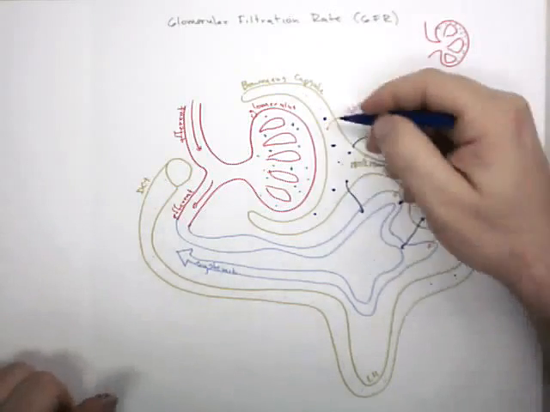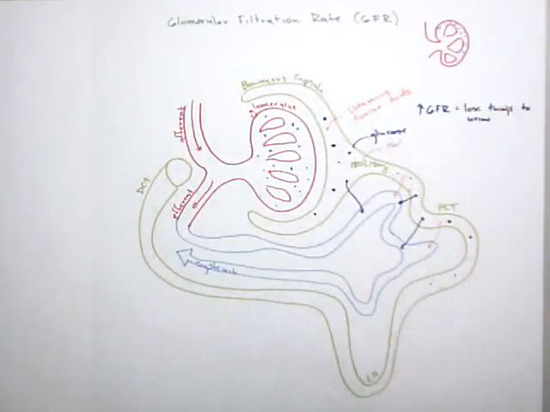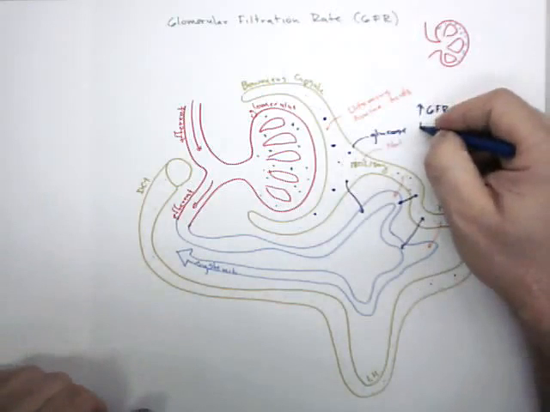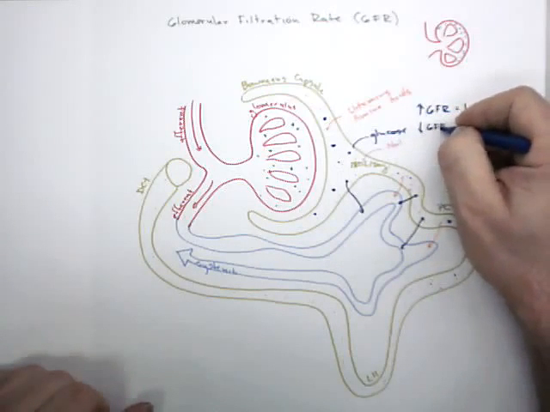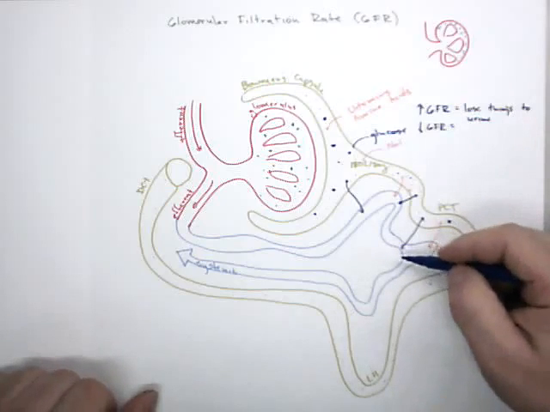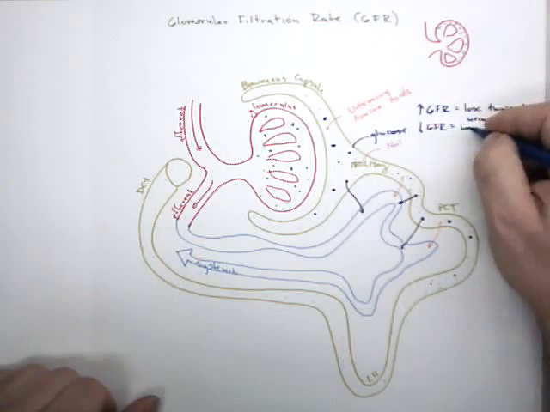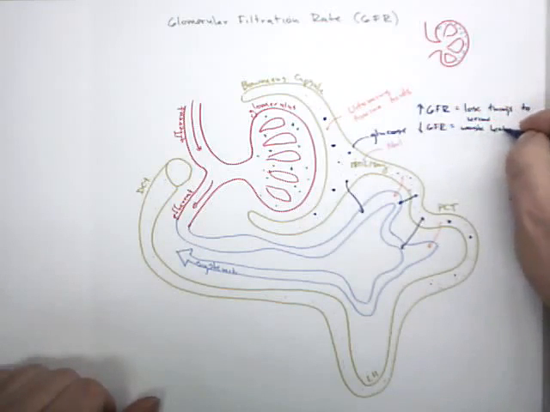Some of this glucose will go by so fast that it won't get transported back into the blood, and it'll end up over here where you're going to lose it into the urine. Another thing to keep in mind is this system is a little bit leaky, so things like urea can find their way back out of the tubules and into the blood. If GFR is too low, then waste leaks back.